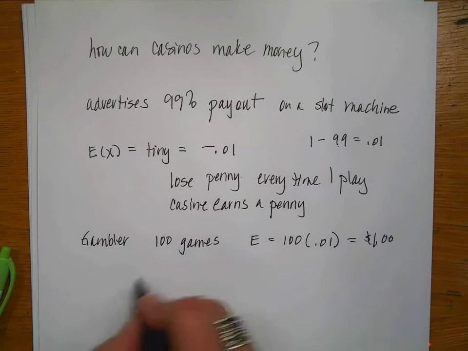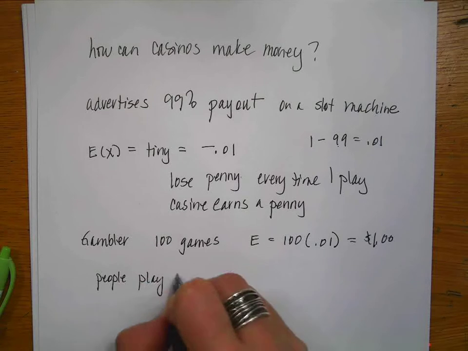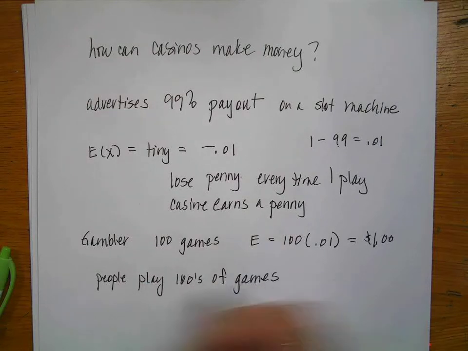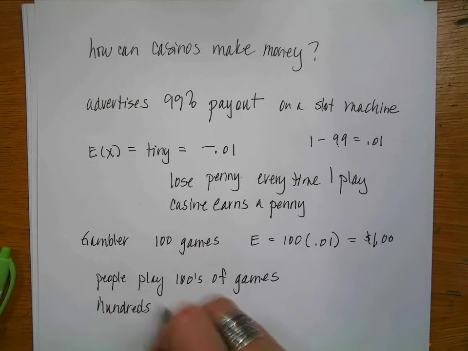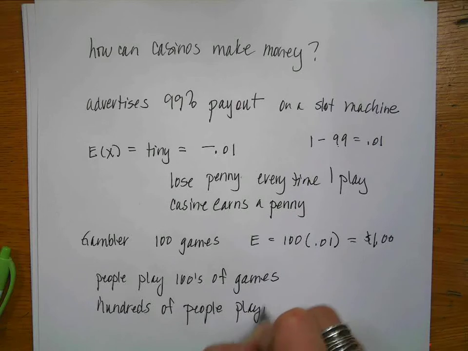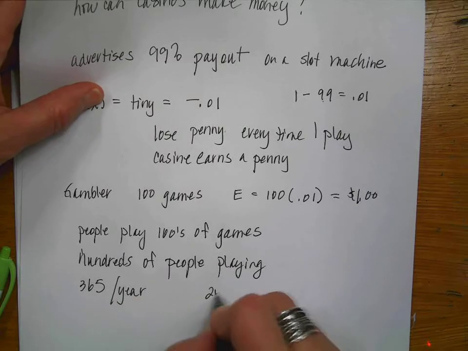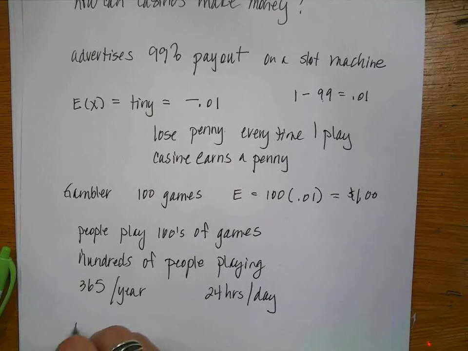But remember that the casino is also making money, and so people play hundreds of games, and there are hundreds, probably more than that, hundreds of people playing, and the casinos are open 365 days a year, and they're open 24 hours a day.